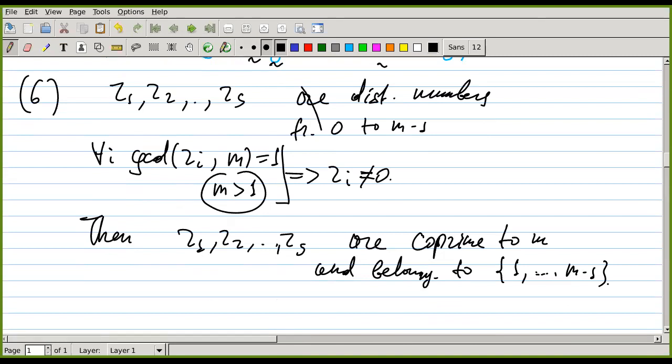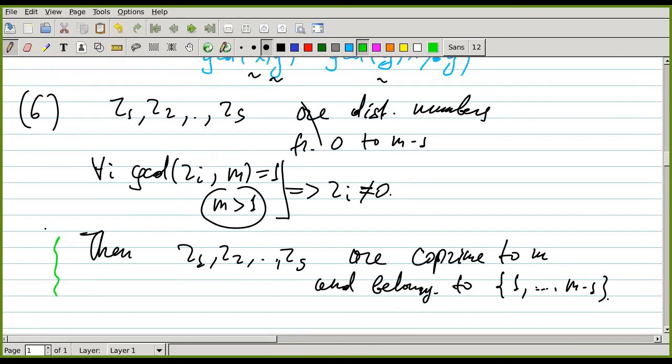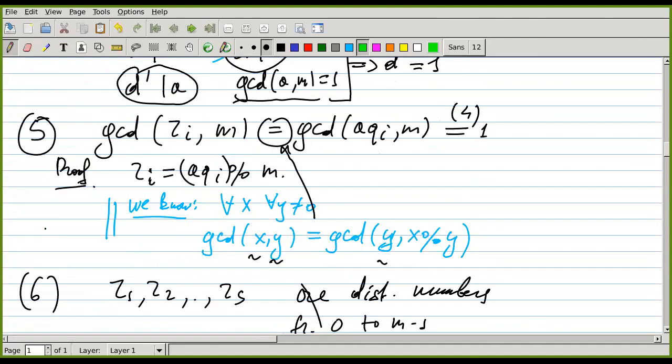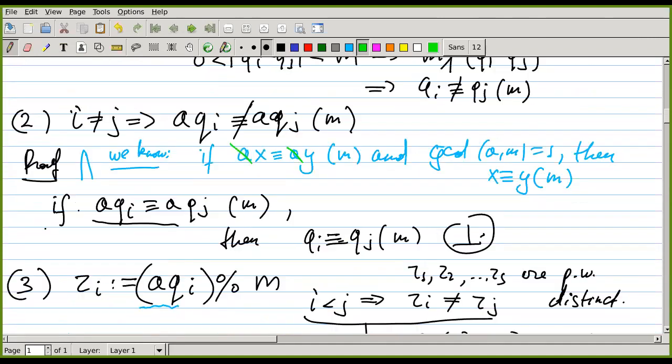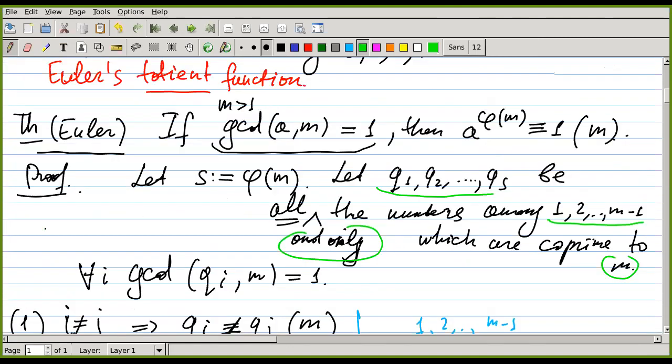And what's the difference between R's in the innocent sense of this word and Q's?